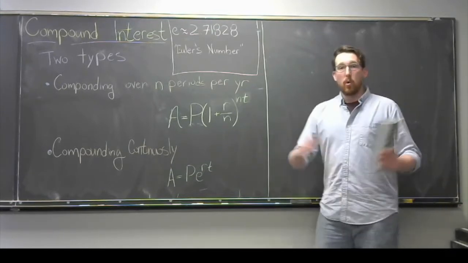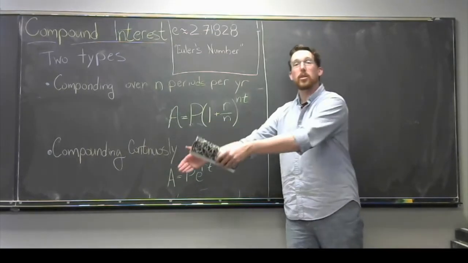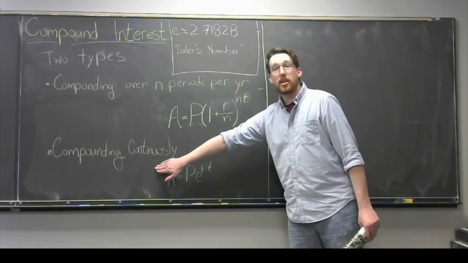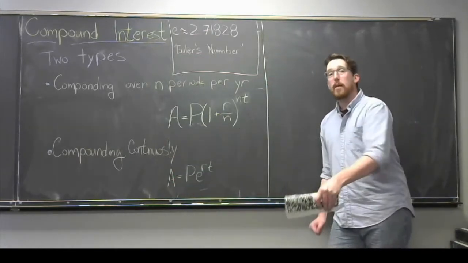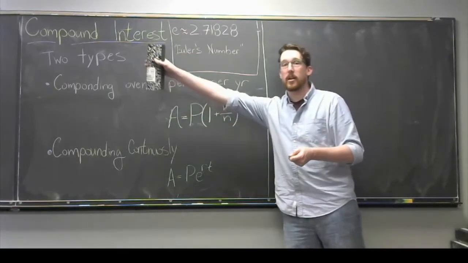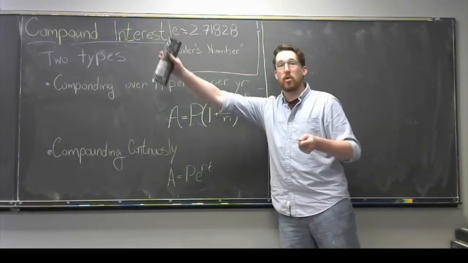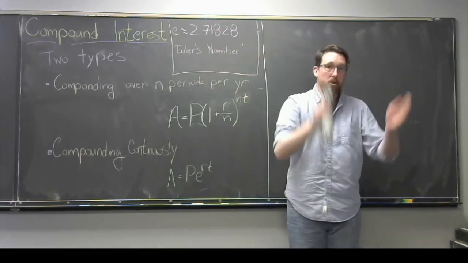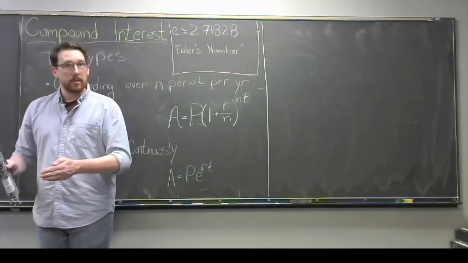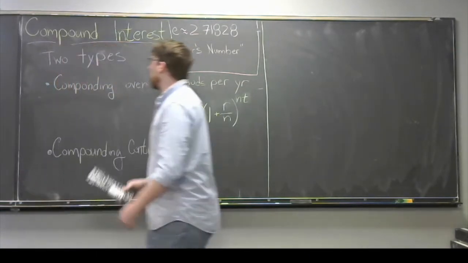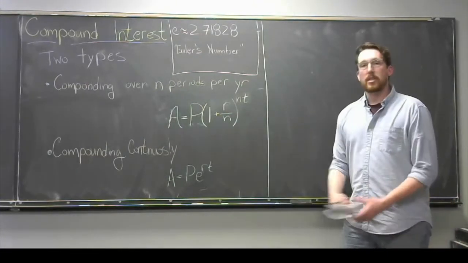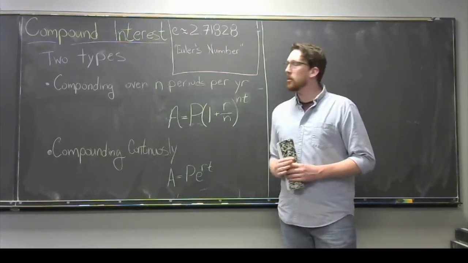It's not once every 2 months you get hit with interest. Instead, with compounding continuously, the second that transaction occurs, it begins gaining interest over and over and over. There is no interest for this chunk of time, interest for this chunk of time. That case would be compounding over n periods. Instead, it is quite literally continuous.